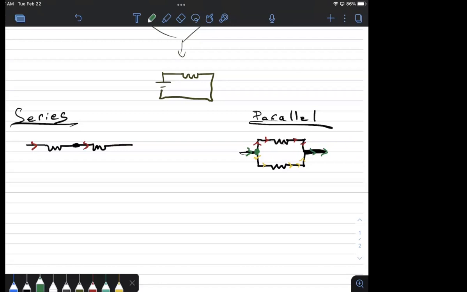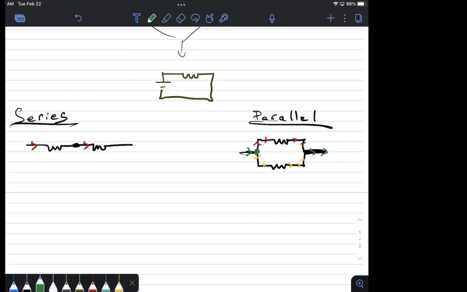At that point, that's when we use Ohm's law. So being able to recognize if the resistors are in series or parallel is 95% of circuit analysis. And like I said, the best way of thinking about it, either the electrons must go through both, or they could go through one or the other.